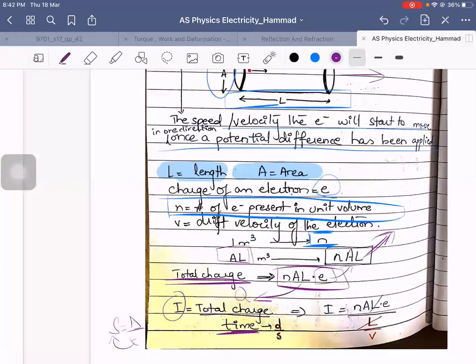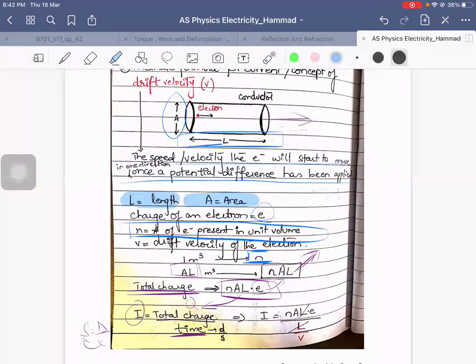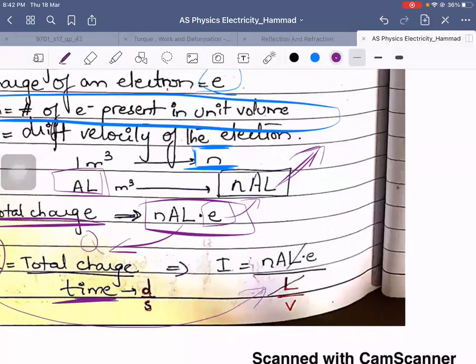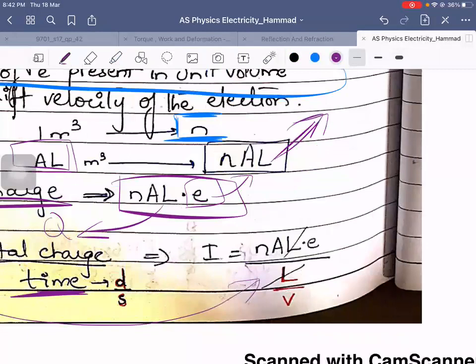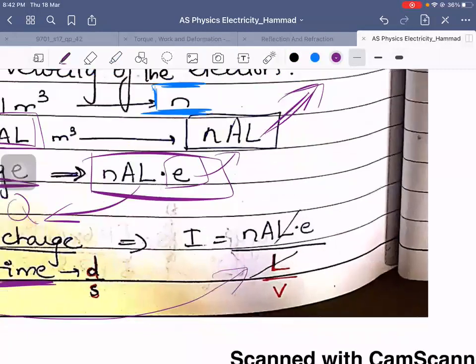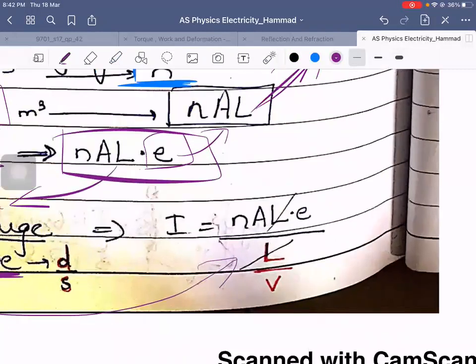Please understand that L is the distance I am looking for because the electron travels in this direction and not perpendicular to the conductor. Therefore, the distance is replaced by L. The L and L cancel off. The speed with which the electrons travel was V, and V is called the drift velocity.